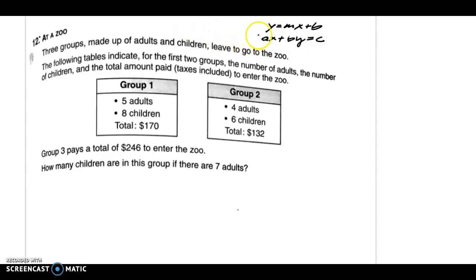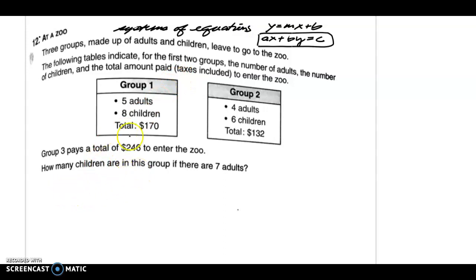So the one that we're going to actually study in this one is this, right? So we're combining what we did with systems of equations. So this is systems of equations, right? That's systems of equations.